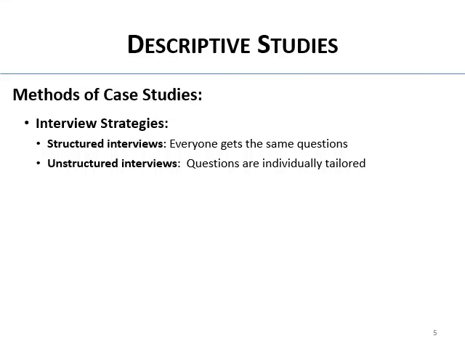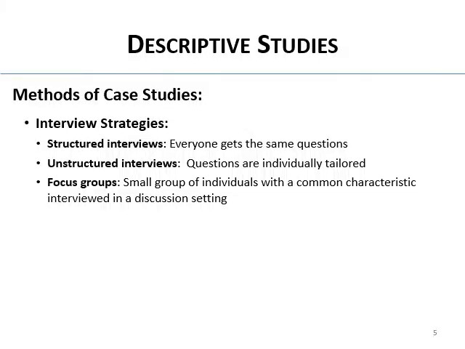with the unstructured. So focus groups, for example, are when you bring in a small group of individuals who have some sort of common characteristic and you interview them in a group setting. So we did a focus group when I was at DMV of multiple DUI offenders who somehow kept ending up with their cars that were junked, even though they were impounded. And we wanted to figure out, like, how are these folks getting their cars back?